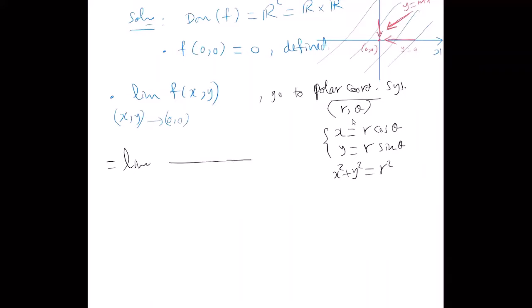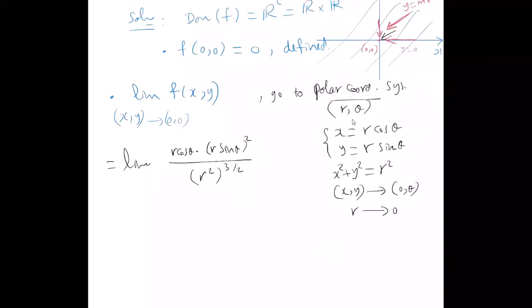Limit. What do you get here? r times cosine theta, r sine theta squared. Here we have r squared to the power 3 over 2. When (x, y) tends to (0, 0), when it approaches this point, it means r approaches 0.